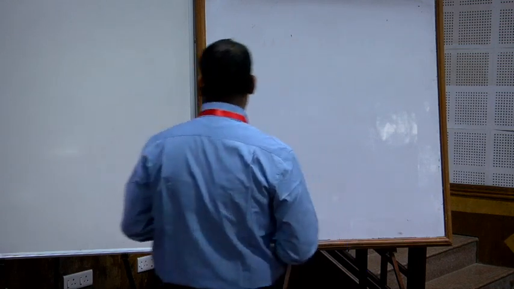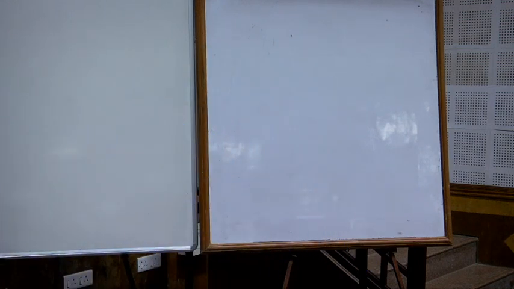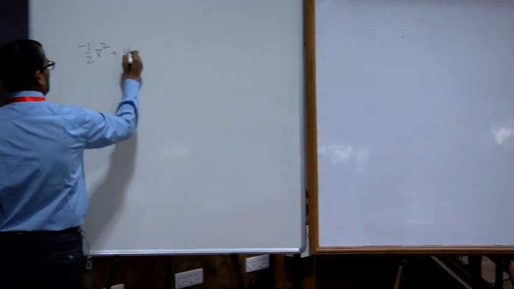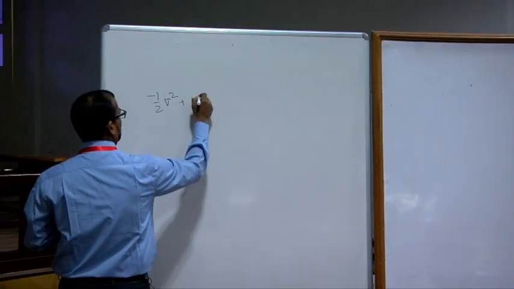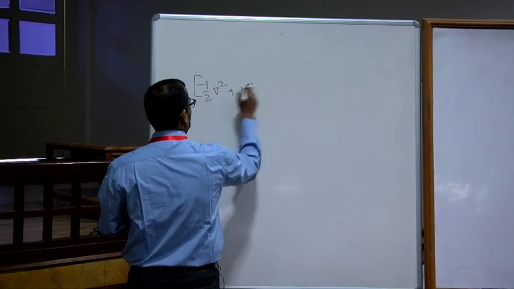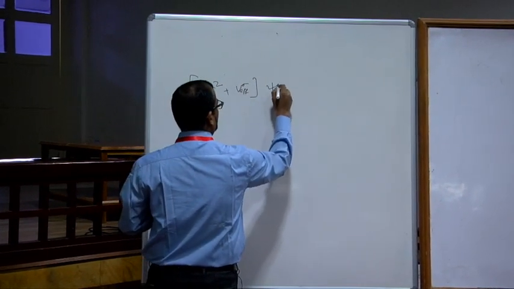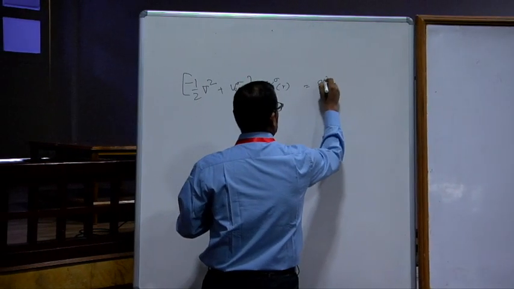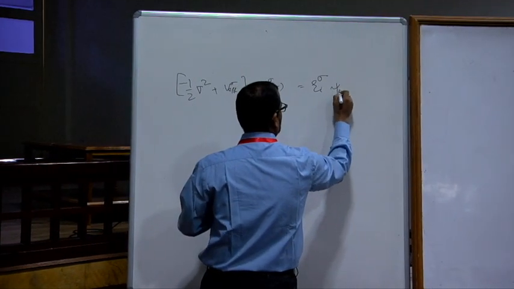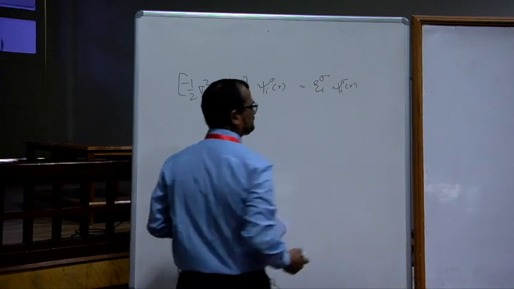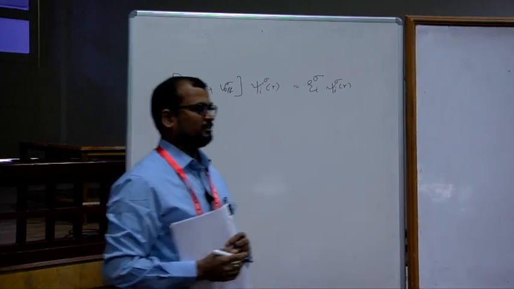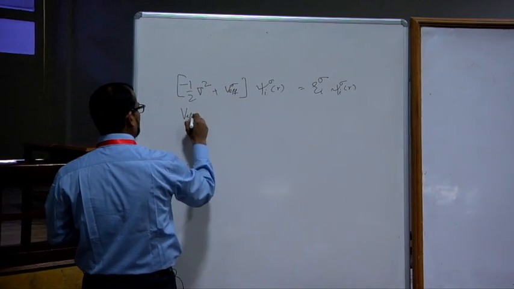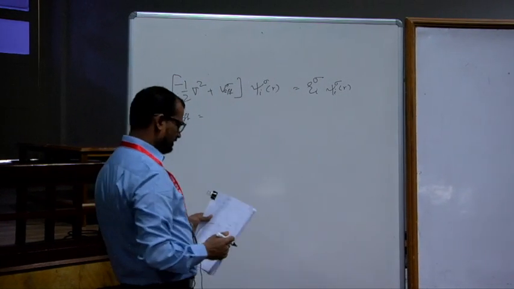What you know as of now is the following: you have a one-particle Schrodinger equation, or rather the Kohn-Sham equation, and this effective potential is composed of many things.